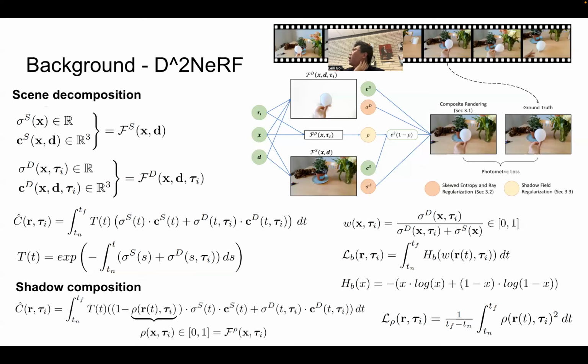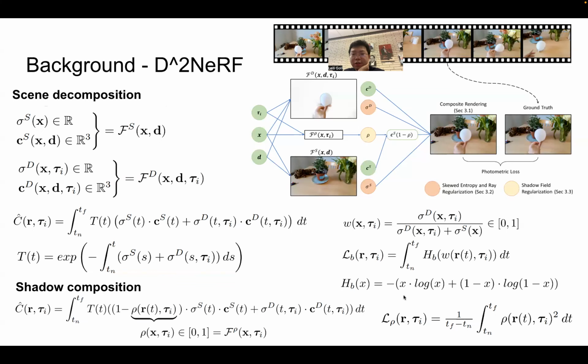All the other parts, static things, we want to explain with the static field. So they have a function here. Basically, this weight is between 0 and 1. They want to encourage this to be binary, either 0 or 1, and they are using an entropy loss. So they are minimizing the minus entropy, enlarging the entropy about this weight.